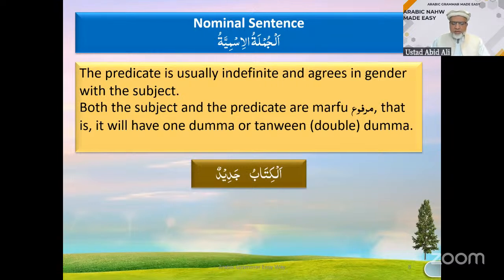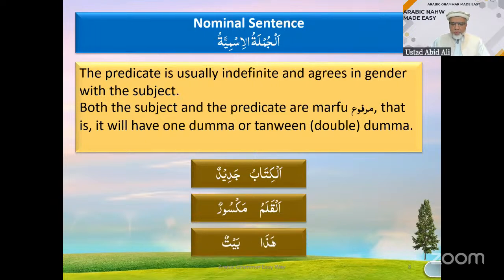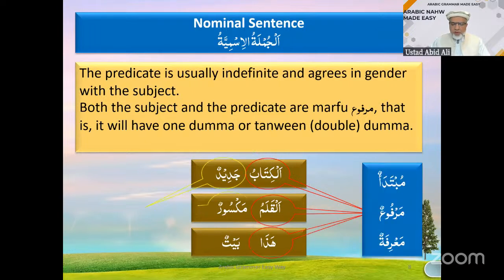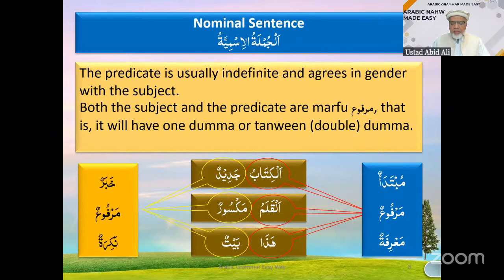If you look at these previous examples, al-kitabu jadidun, al-kalamu maksurun, haza baytun, in this whole chart, the right-hand side noun is the mubtada, and the left-hand side noun is the khabar. What is going on with the status? They are both rafa. Al-kitabu rafa. Al-kalamu rafa. Hada rafa. When something is in the status of rafa, it is known as marfu.